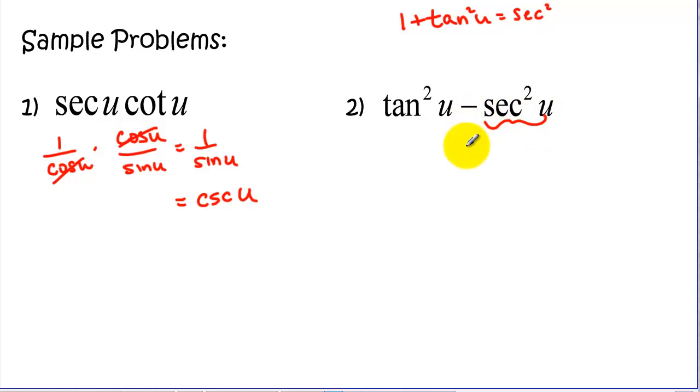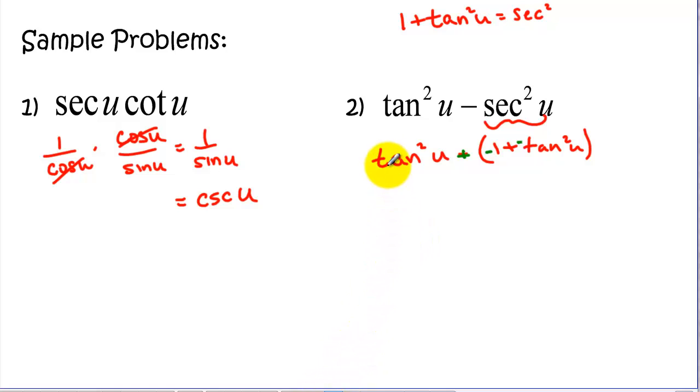We just got to remember to distribute our minus sign. So I'm replacing secant squared with 1 plus tangent squared of u. And I'm going to distribute my minus sign. So this is going to become plus when I multiply through here by the minus.